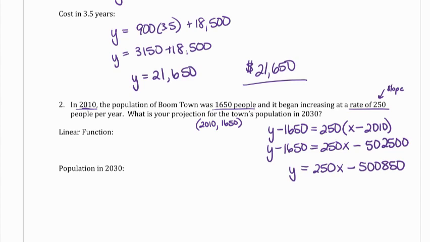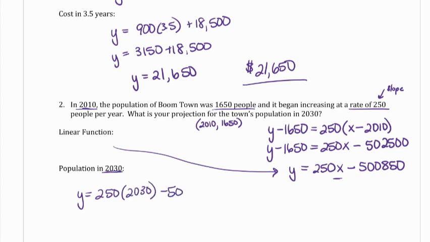Okay, so now I've got my linear function there, right? There's my y equals mx plus b. So now if I want to know the population in 2030, that x represented the year it was, right? So I can do y equals 250 times 2030 minus 500,850.